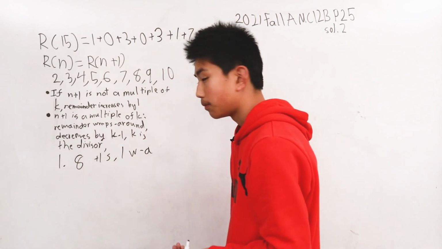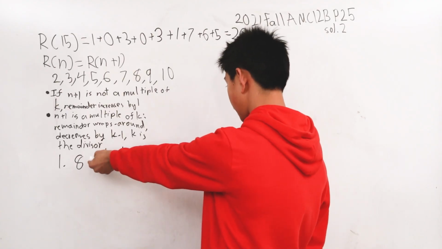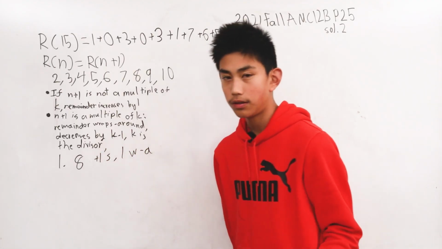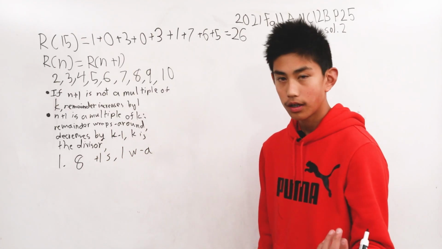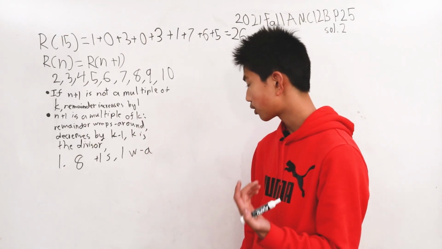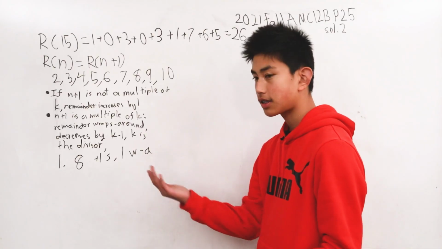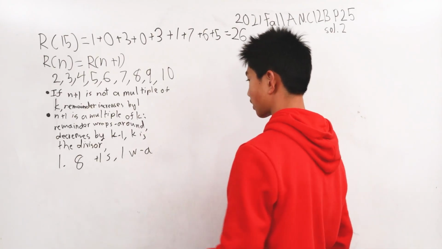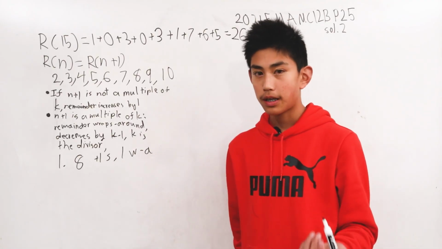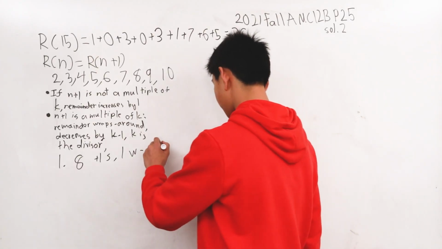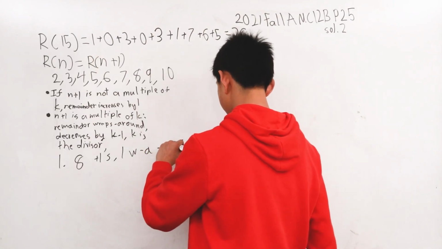Well, 8 1's result in a positive value of 8. But since you want to subtract a k so that this balances out to 0, well, 8 minus 8 is 0. So our wraparound value has to be equal to negative 8.